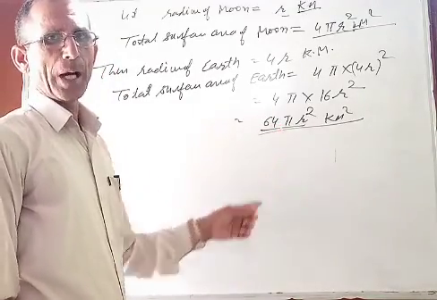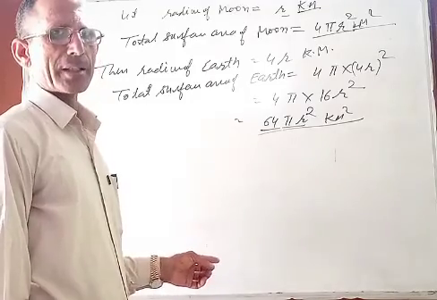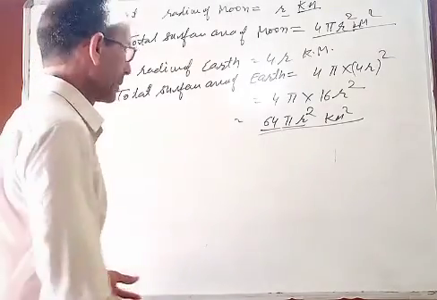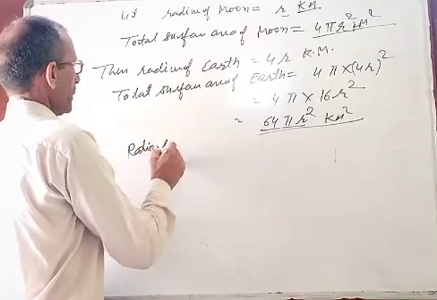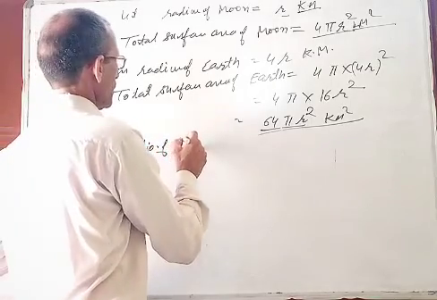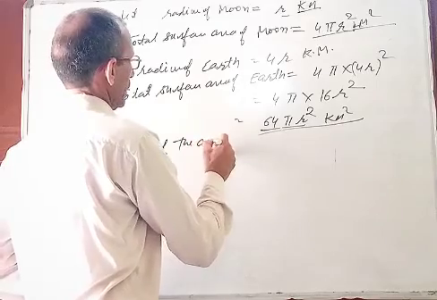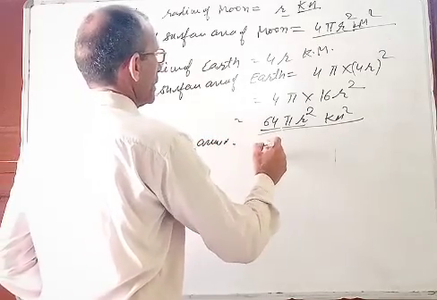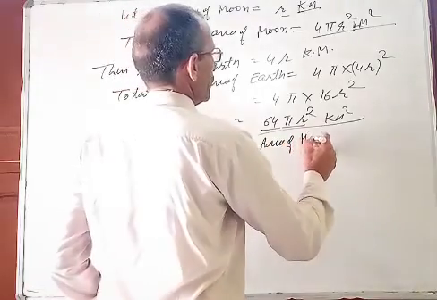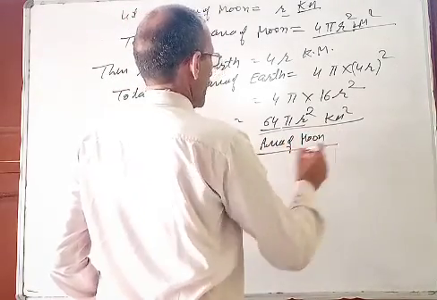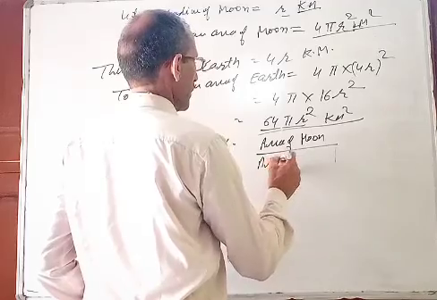Now we have to find the ratio of the areas, moon to earth. Ratio of the areas, area of moon by area of earth.